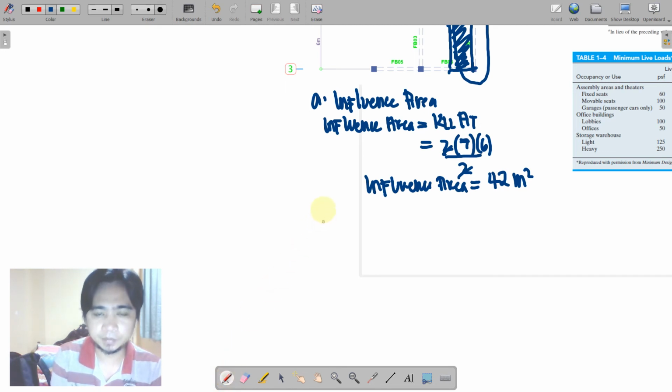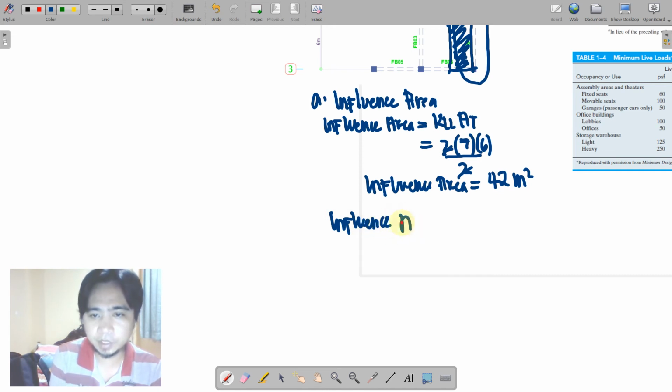Let us recall the criteria or limitation of this reduction. We are only allowed to reduce a certain live load when we have an influence area greater than a certain value. So what is our restriction?